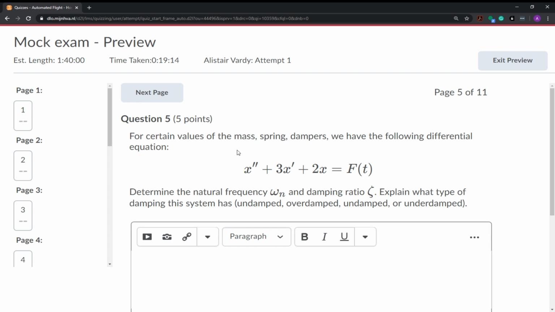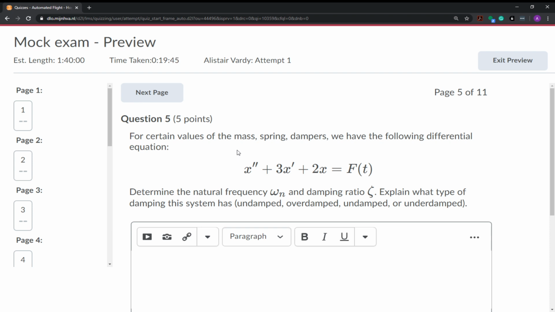We know that omega n is the square root of k over m, and zeta is b over 2 times the square root of k times m, and we can just fill in these values. As our m is 1 and our k is 2, omega n is equal to the square root of 2. Zeta is equal to 3 over 2 times the square root of 2, and we can leave it like this.